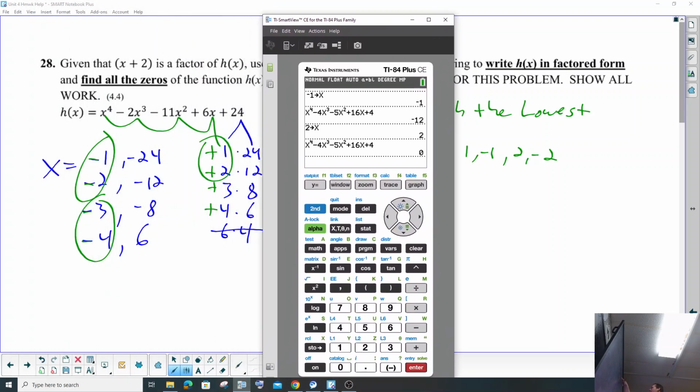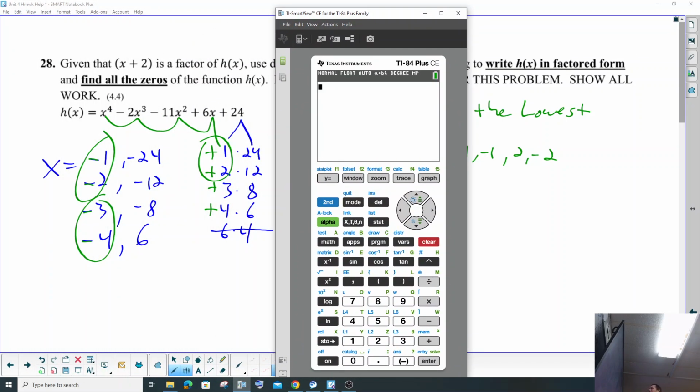So let's start with 1. You're going to go 1, STO arrow above the on button, store. So 1, store into x, push enter. Now x is equal to 1. Then you plug in the equation.